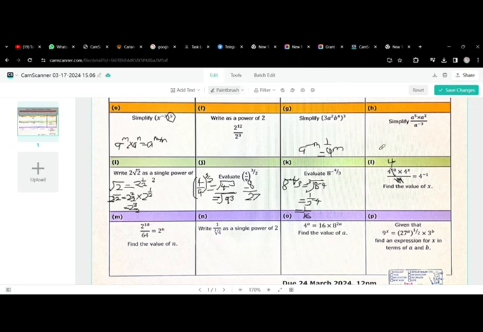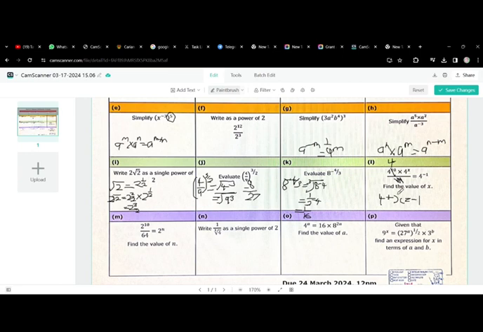And the way it's divided is because a to the power of n divided by a to the power of m equals a to the power of n minus m. So now we extract the indices, which is 4 plus x equals negative 1.